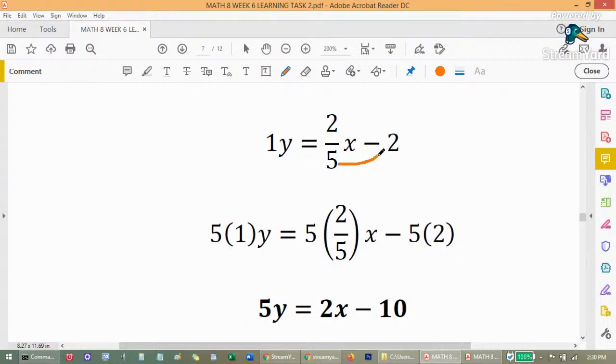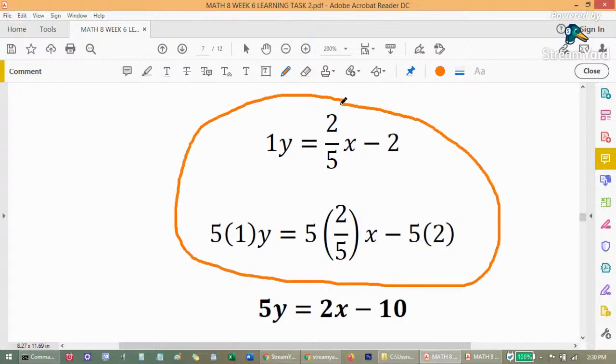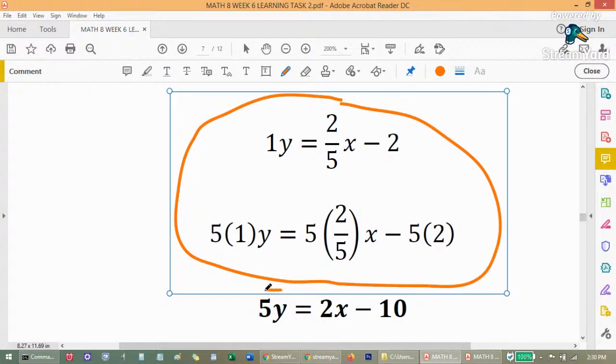And then 5 times negative 2 is negative 10. No? Negative kasi magkaiba sila. This is positive, this is negative. That's why ang sagot is negative. So, itong part na to is parang explanation lang kung bakit naging ganito ang sagot natin.